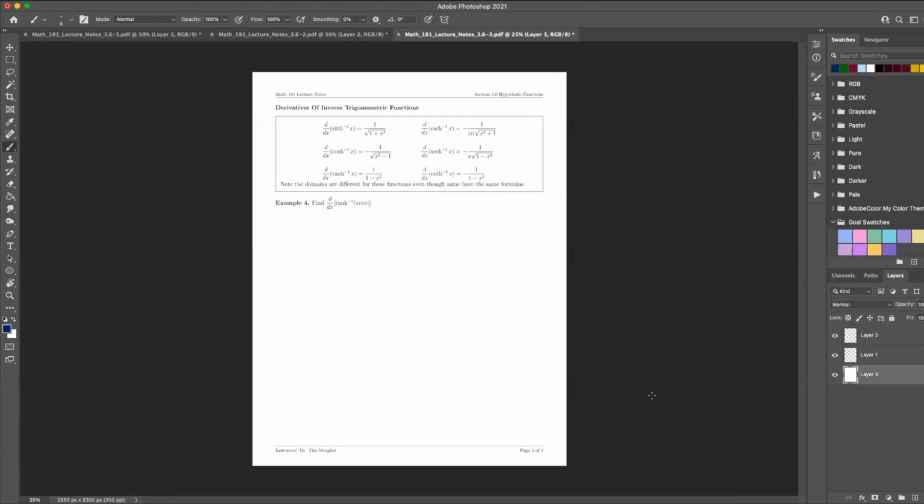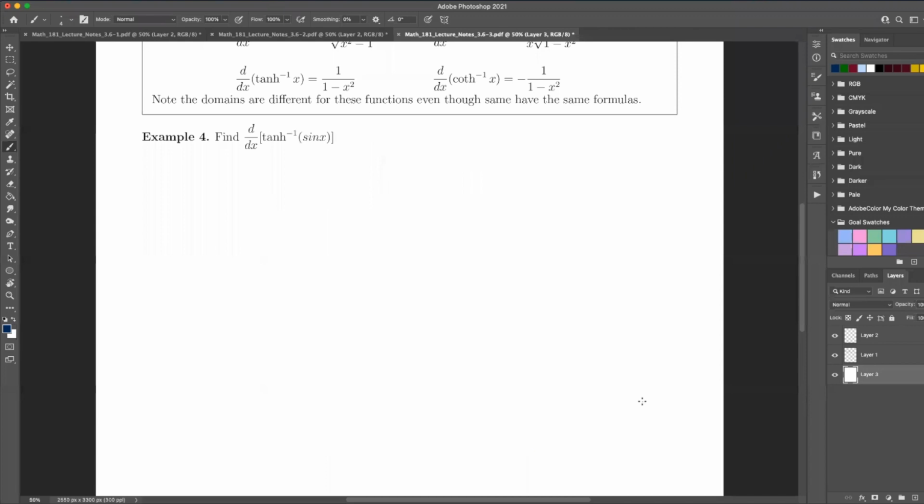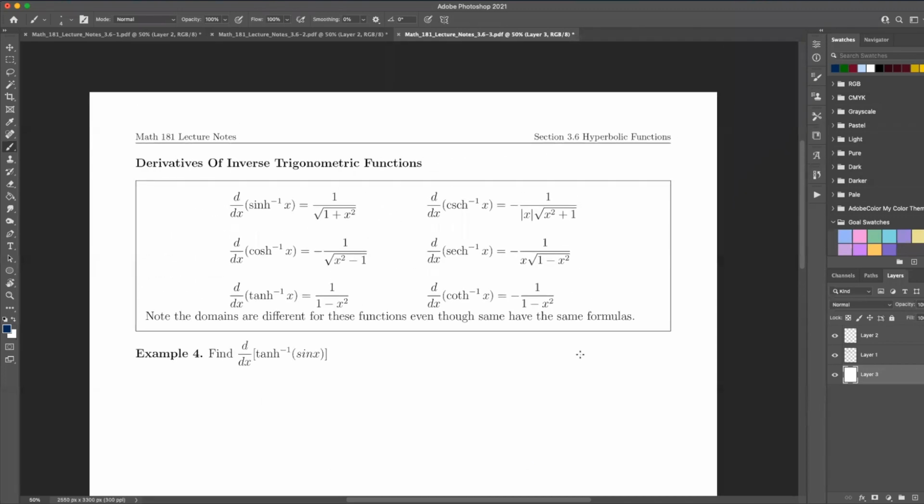Let's look at the last page. The inverse functions also have derivatives. These are very much like their other counterparts. They just have different signs and different powers, but they're very, very similar. All you need to know for this class is that it's just another table to look up stuff on. Really, that's all this boils down to.